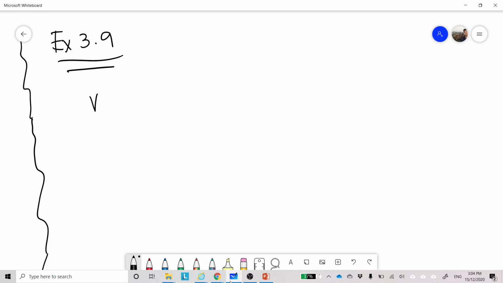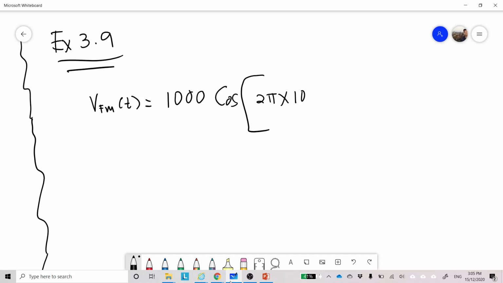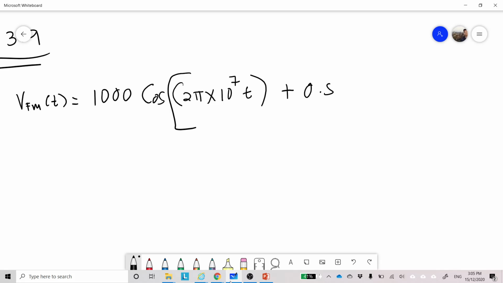So here you are given VFM T is equal to 1000 cos, and then big bracket 2 pi times 10 power of 7 t, okay, and then plus 0.5 sine 2 pi times 10 power of 4 t, and then close big bracket.